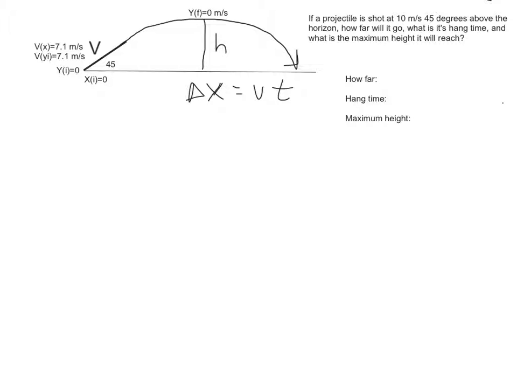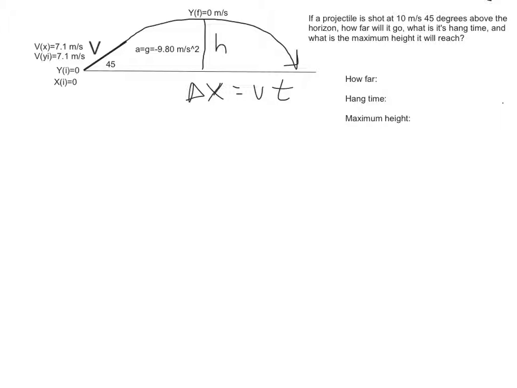So in this case, I have my initial velocity in the y direction equals 7.1 meters per second. My final velocity in the y direction equals 0 meters per second. And this is undergoing acceleration due to gravity, so a equals g equals negative 9.8 meters per second squared.